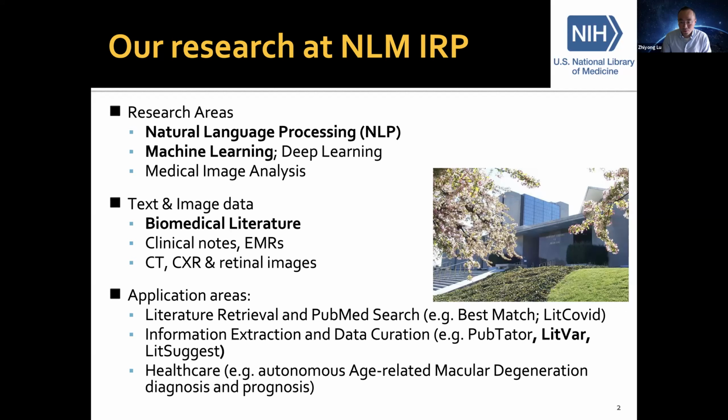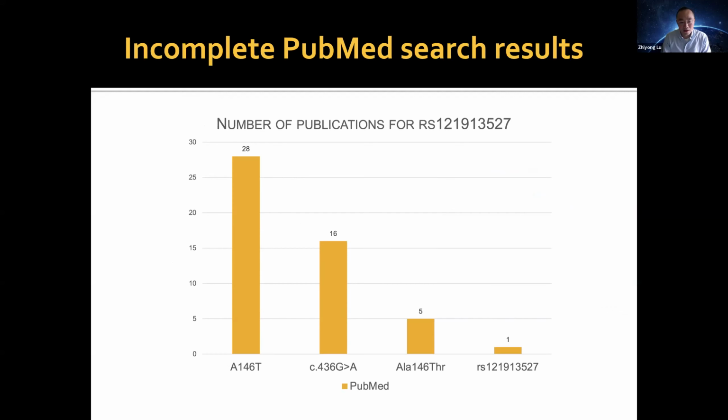The reason we developed LitVar is because we noticed that even though PubMed is already very powerful, like any keyword-based search, it is also very limited. In this example, I want to show you that typically our user would search with one name of a sequence variant.